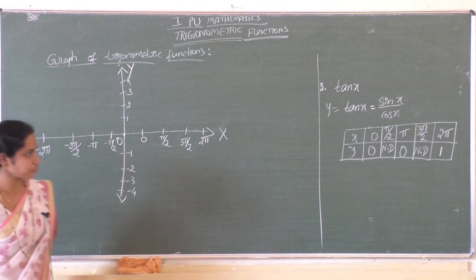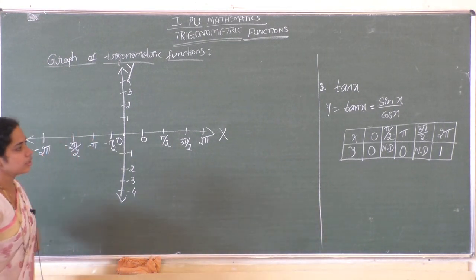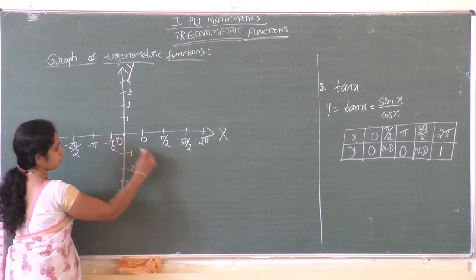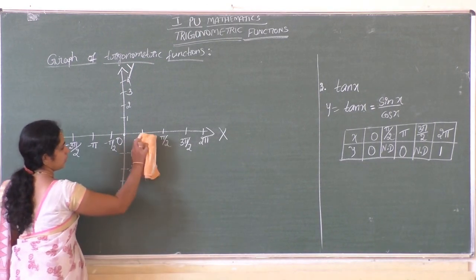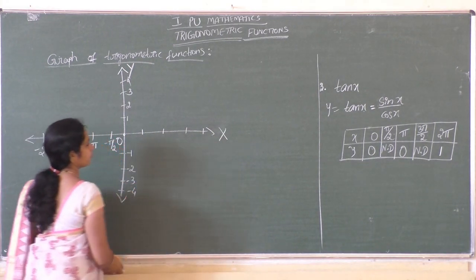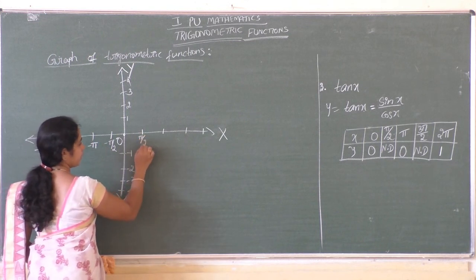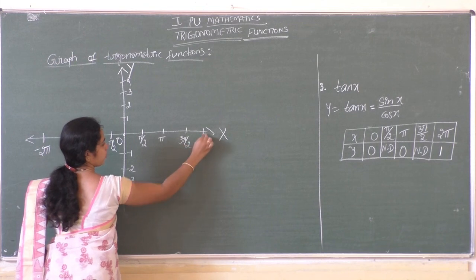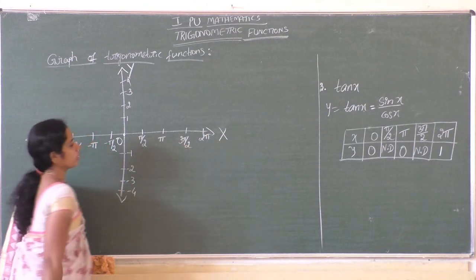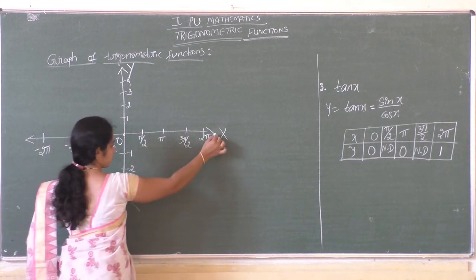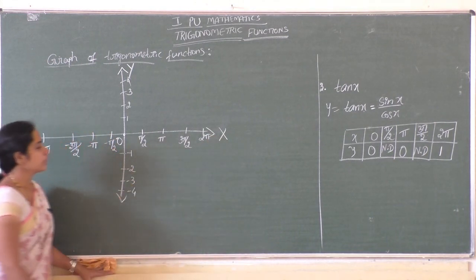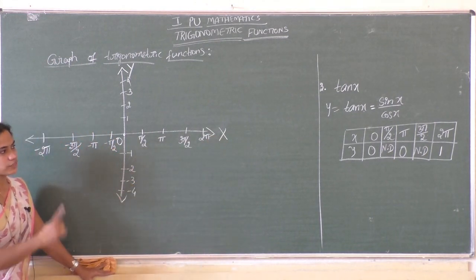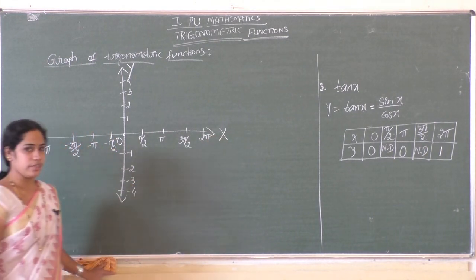Now see, if x is 0, here I wrote 0, then pi by 2, pi, 3 pi by 2, 2 pi. Now, for which value is the function not defined?